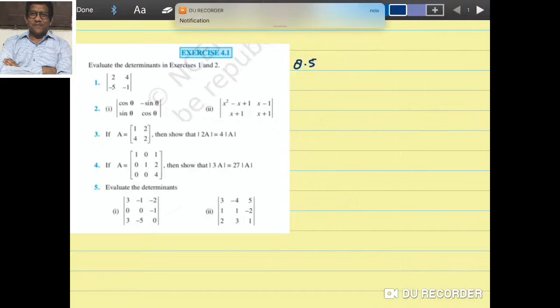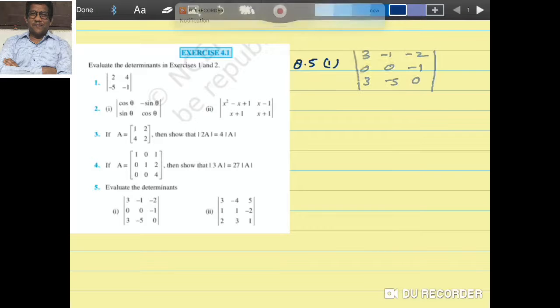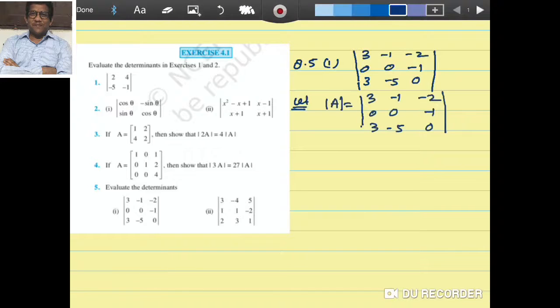Number 5, part 1. We observe that in row 2 there are 2 zeros, so we expand the given determinant along row 2.